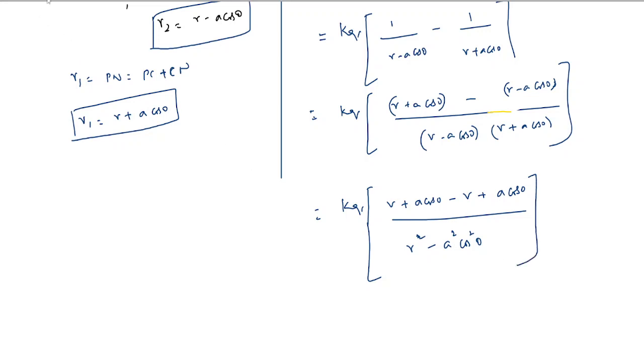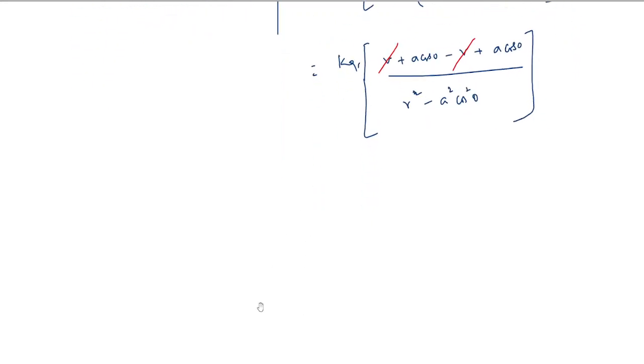From here R gets cancelled and what remains is equal to KQ.